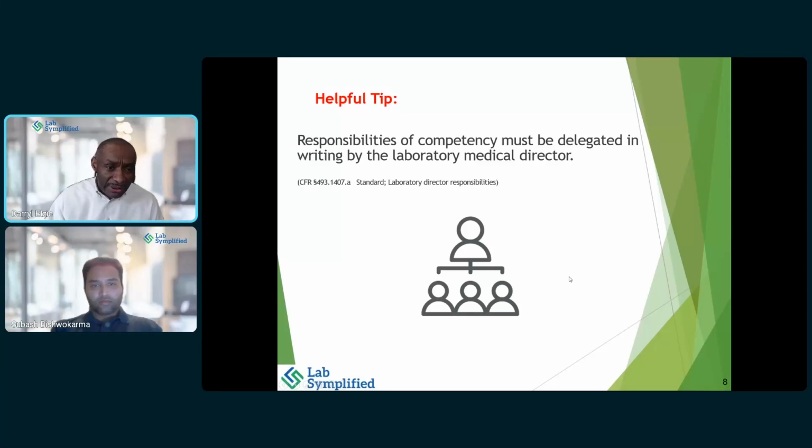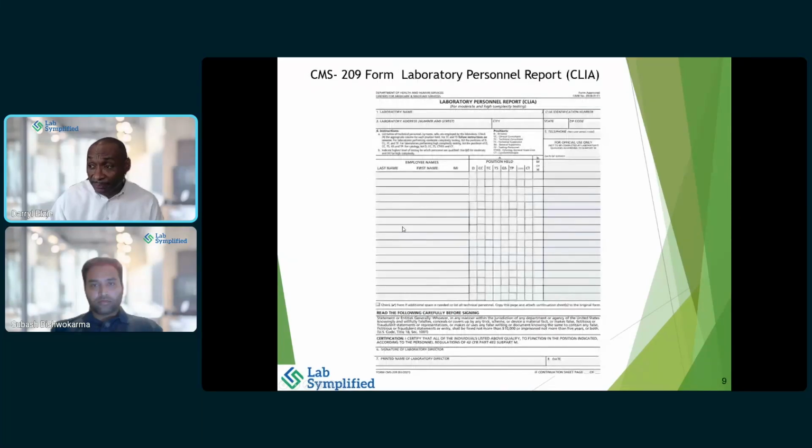And I believe it's a CAP standard also. The inspector should ask to see that. Here we're talking about the CMS 209 form. When we talk about CLIA roles, you see in the middle there's a director, clinical consultant, technical supervisor, general supervisor, and testing personnel. Then you have the M and the H over there, which stand for moderate or high complexity testing.